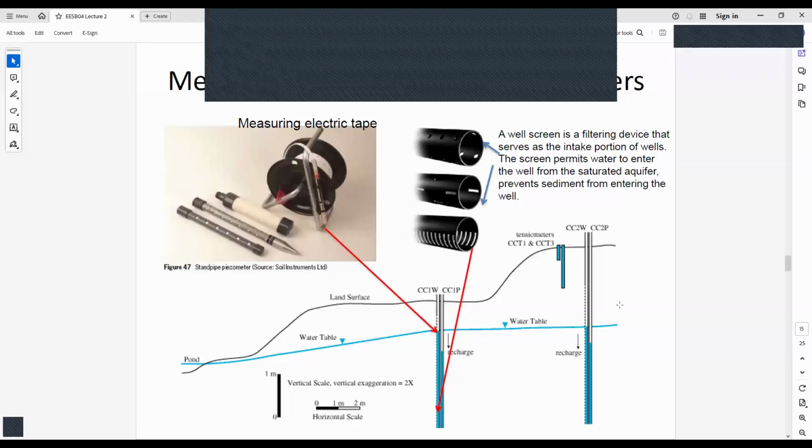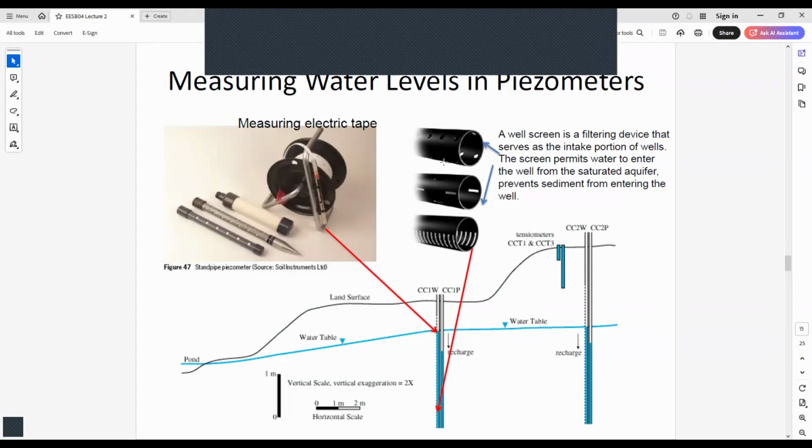So we're talking about how you can take water levels. Interestingly, you can have wells next to each other, but at the bottom of the wells, you have a screen where you allow for the water to flow into your well. And you have a water level tape that helps you measure the water.